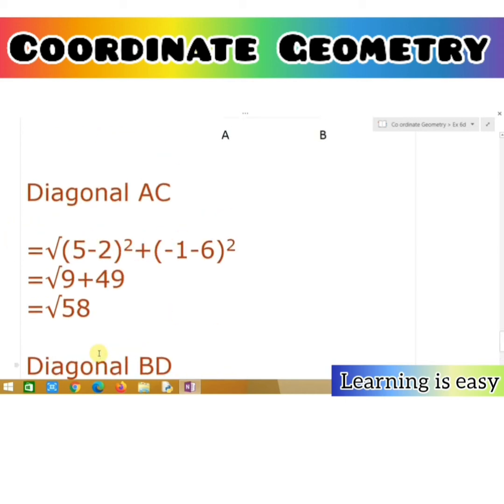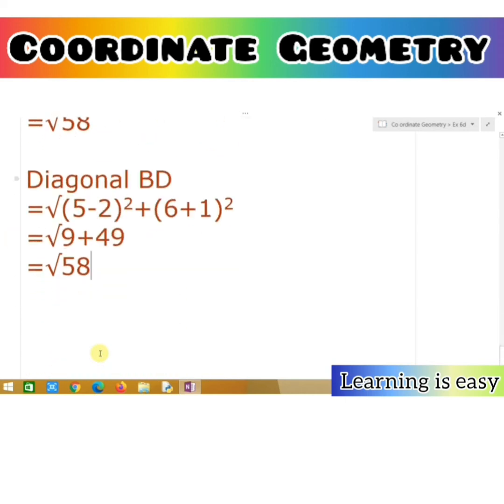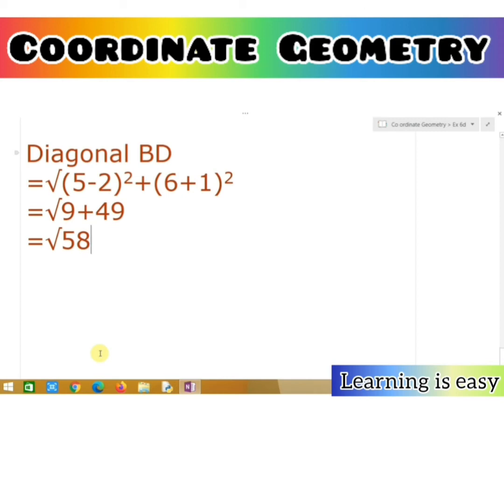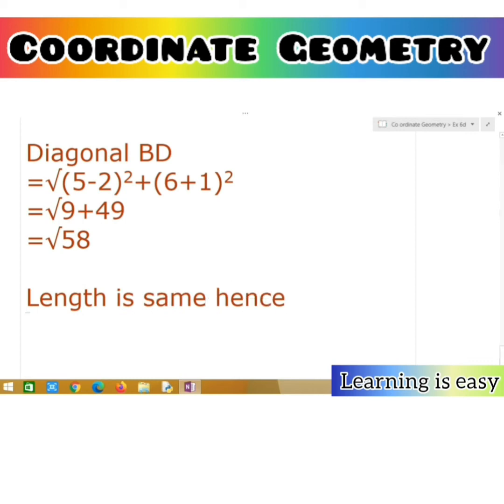So both the diagonals are the same. AC and BD lengths are the same. So they both are equal.